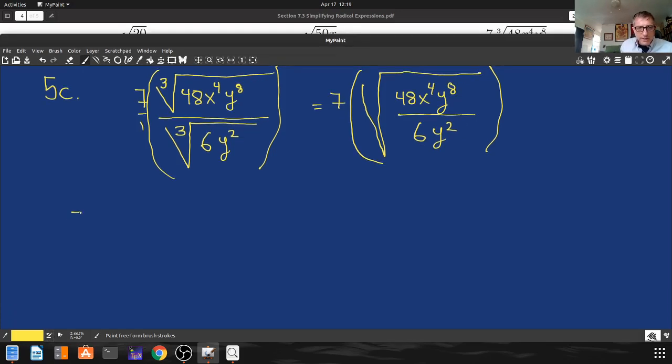So coming down here, that's 7. So looking over here, 48 divided by 6 is equal to 8. X to the 4th can't be simplified because there's nothing underneath to divide it, but y to the 8th divided by y squared is equal to y to the 8 minus 2 power, that's equal to y to the 6th.